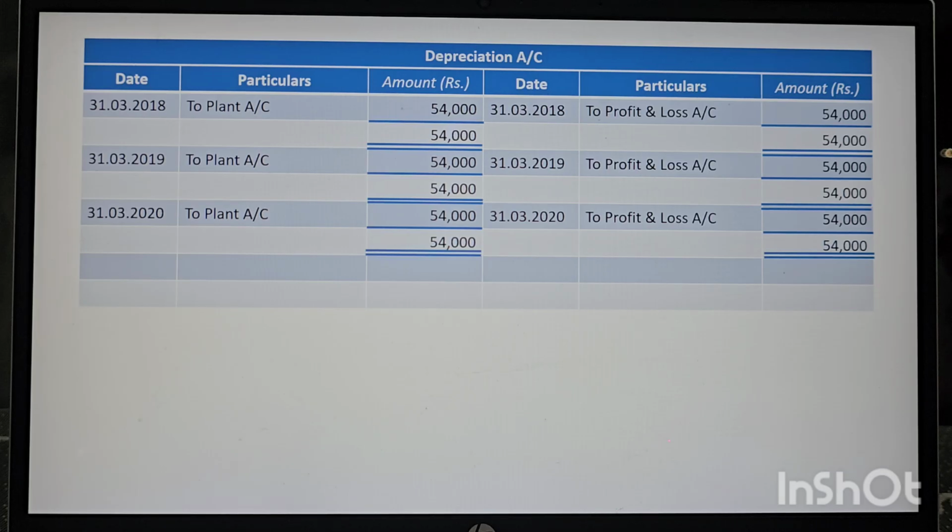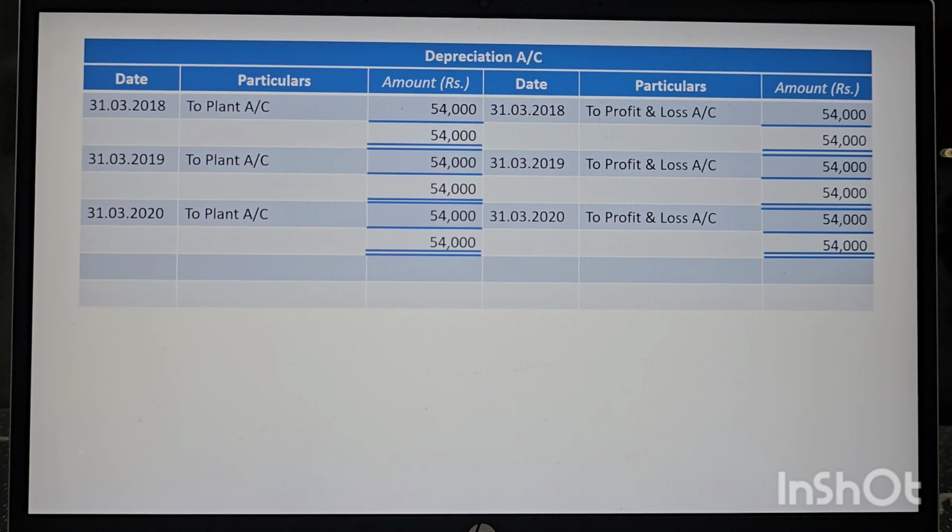So the entry will be to profit and loss account of 54,000. We will see how this depreciation amount looks in the profit and loss account when we start studying the final accounts.